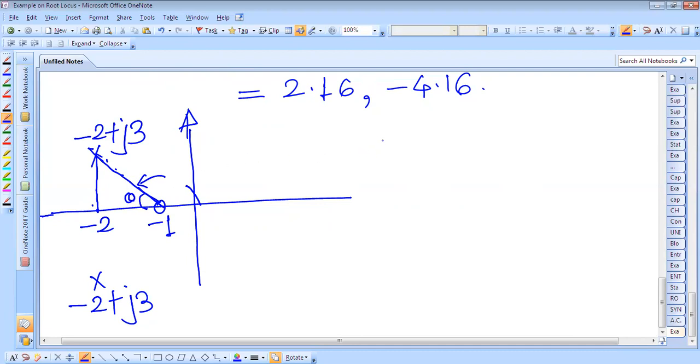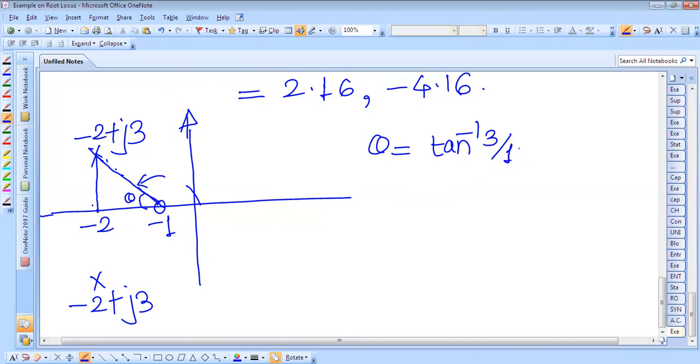So what is this theta? Theta is equal to tan inverse of 3 by 2. No, tan inverse of 1. So we have to start from here. So it is 3 by 1.